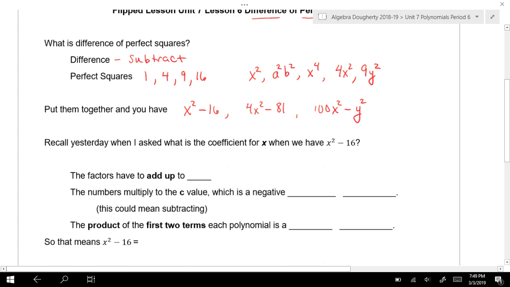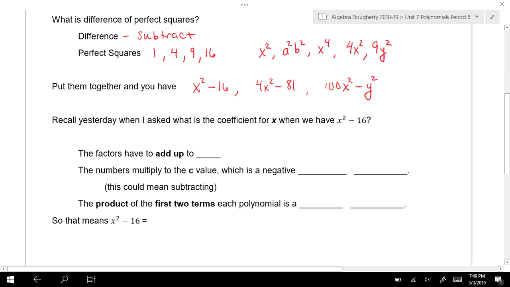Now, what we're going to do in this lesson is learn how to factor these differences of perfect squares. And the good news is it's pretty easy, if you know your perfect squares. Recall yesterday when I asked you in the video, or maybe it was over the weekend, what is the coefficient for x when we have x squared minus 16?